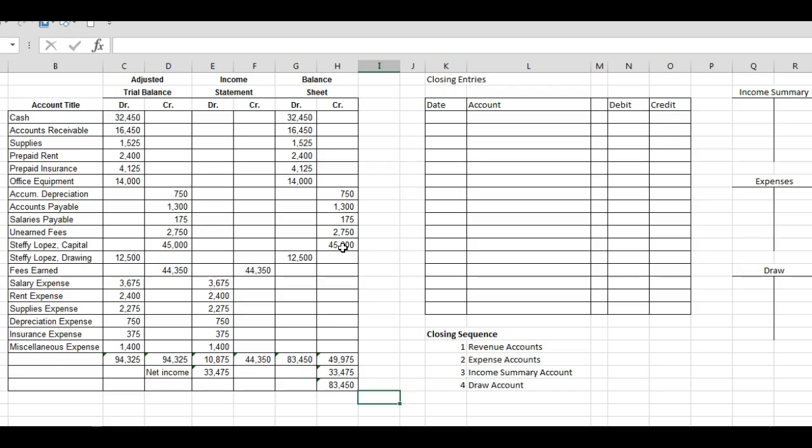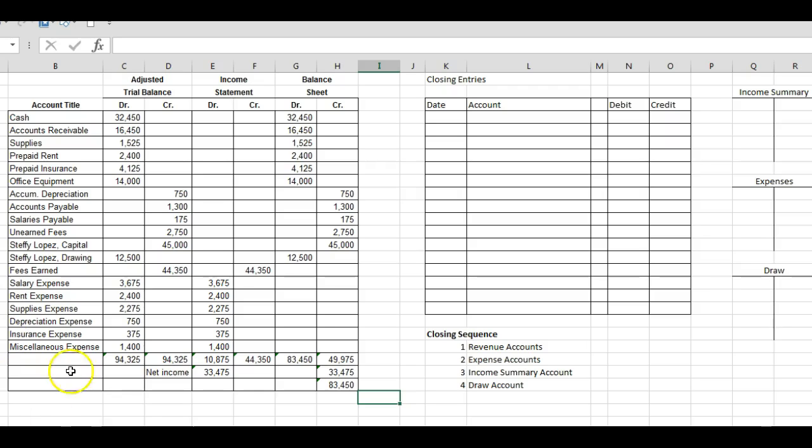So I need to get that general ledger to agree with this, and we use the closing accounts to do that. And those closings look like this, okay?